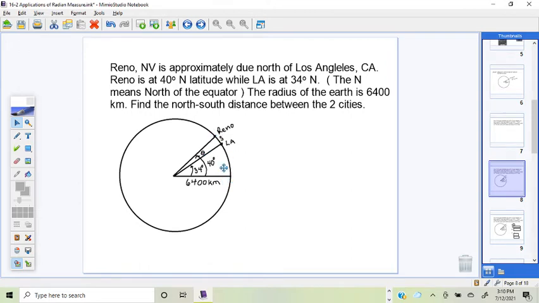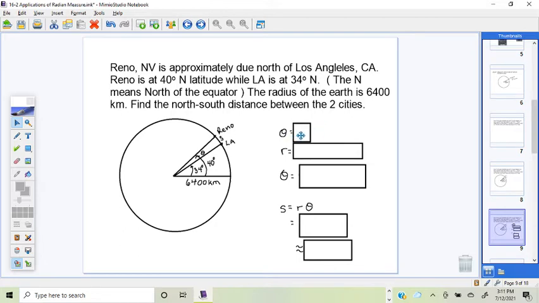So if we were considering them as being on the same line like that, north-south, in order to figure out how much distance is between them, in other words, we're looking for the arc length, we could take that 40 degrees minus the 34 degrees and find a theta of 6 degrees, and then use our arc length formula using 6,400 as the radius.